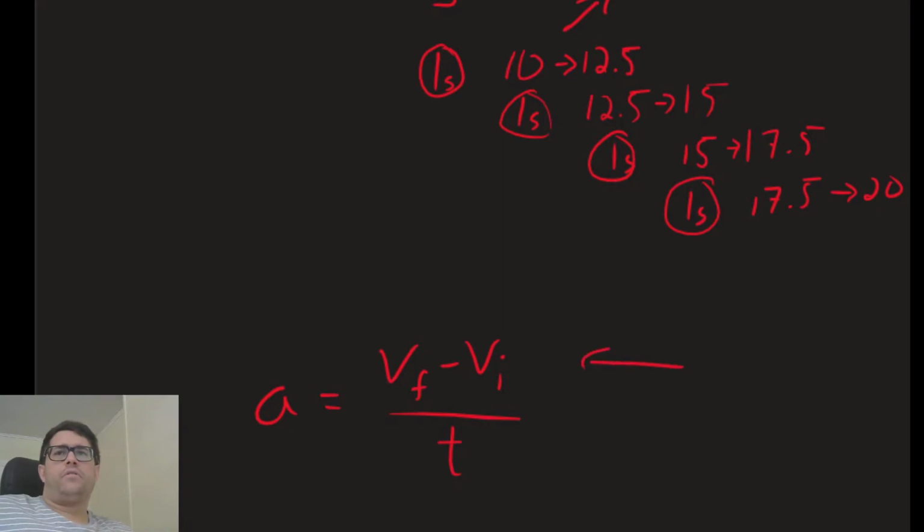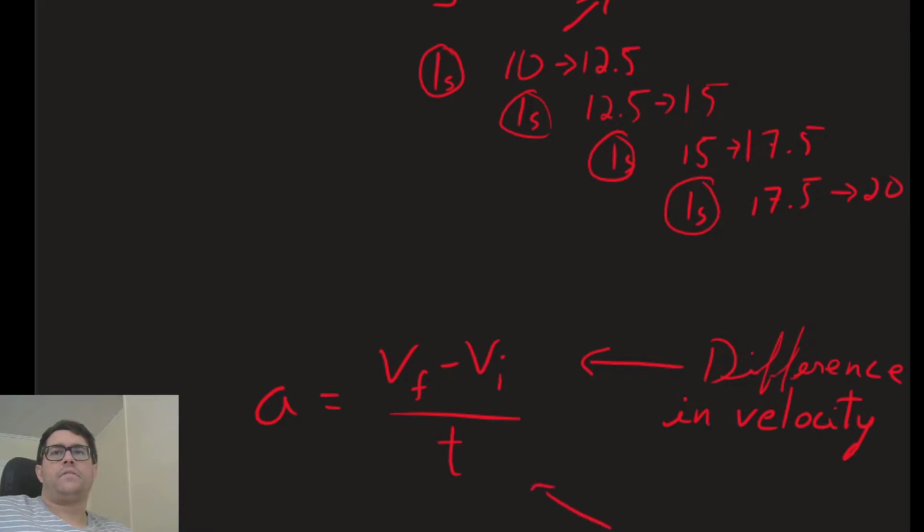So this part here is going to be the difference. Can you see that? Difference in velocity. We can also call this delta V. Delta is the triangle, and it always means the difference.